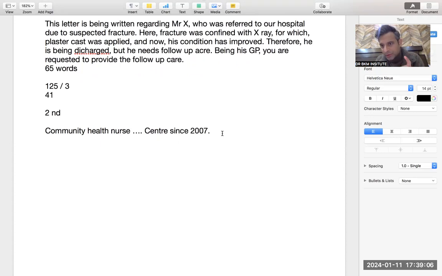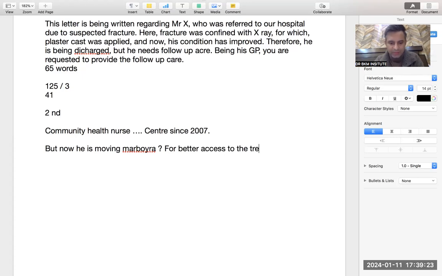So the patient was coming to your community health center since 2007, but now he is moving to Marlborough, for better access to the treatment of multiple sclerosis.